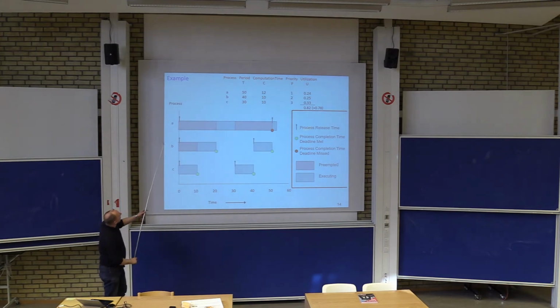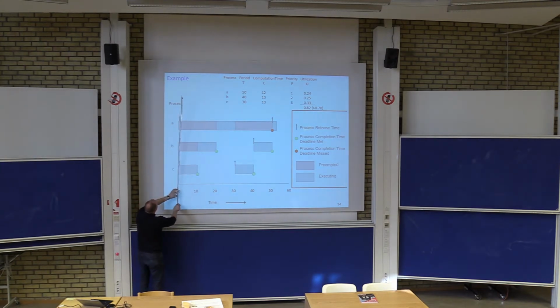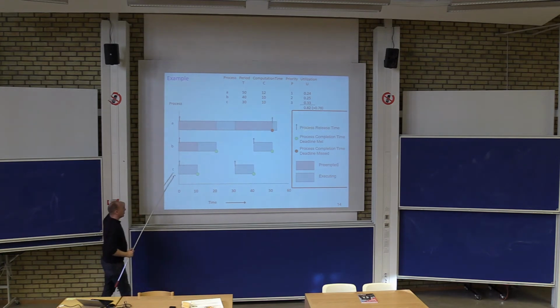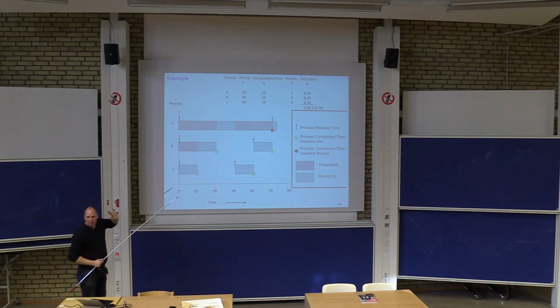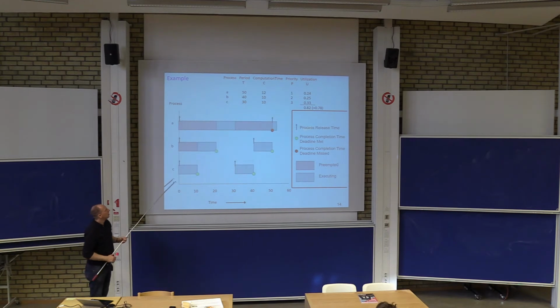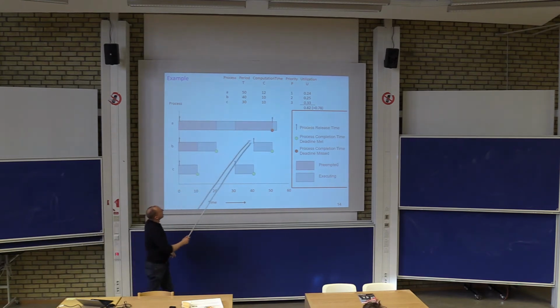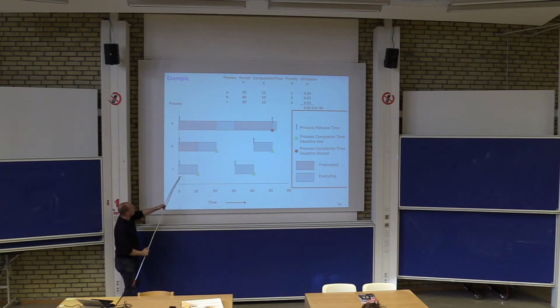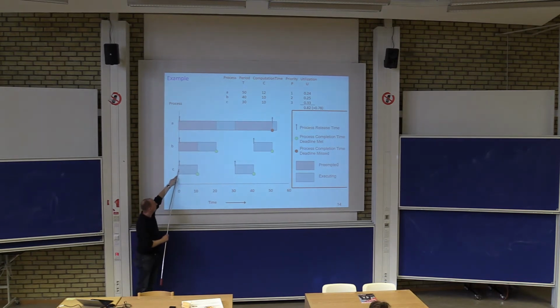So that means that under the assumption that all the processes are released at time 0, what will happen? The real-time operating system will sort them according to their priority, and it will pick the one with the highest priority for execution. In this case, the highest priority was task C. So task C will start to execute at time 0.